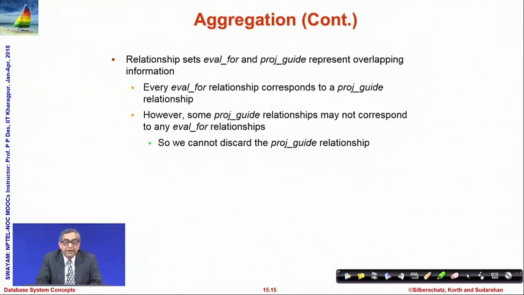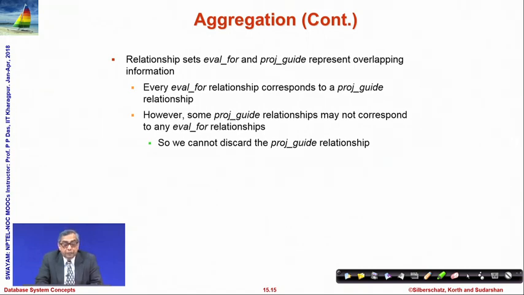That is, if I have an entity in the eval for relationship, I will have a corresponding entity in the project guide relationship which specifies the student, project and the instructor. But the other way around, it is possible that some project guide relationship may not correspond to any eval for relationship. That is, it is possible that a project is allotted to a student with a particular instructor which has not yet been evaluated. The evaluation process is not complete or the time has not come.